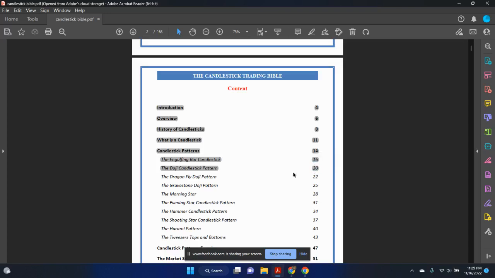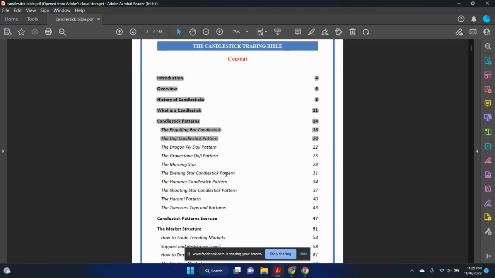Then we're going to talk about two different types of Doji patterns, which are the dragonfly Doji pattern and the gravestone Doji pattern.